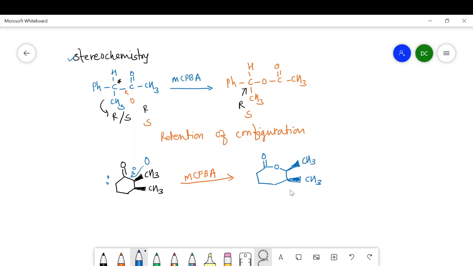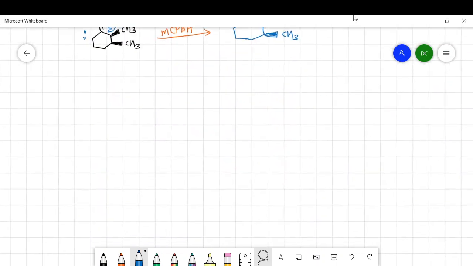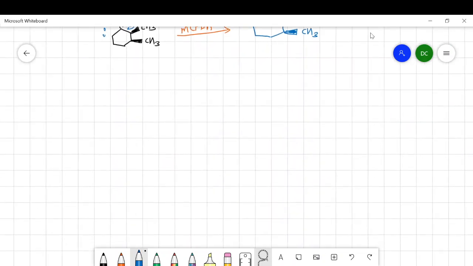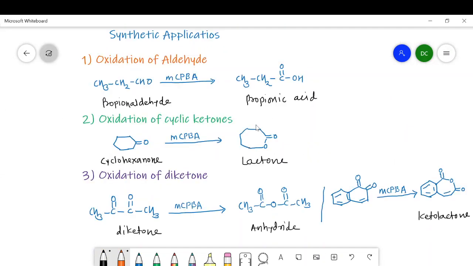Now let's have a look at the synthetic applications of this process. The synthetic applications involve the oxidation of aldehyde, oxidation of cyclic ketone, and oxidation of diketone.